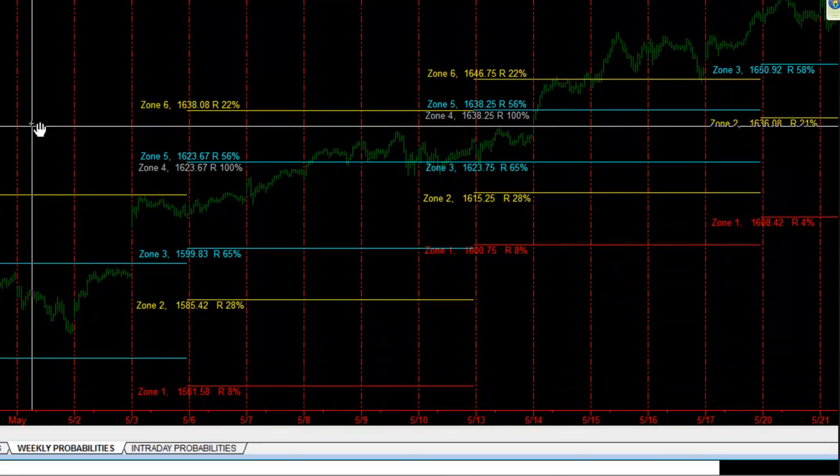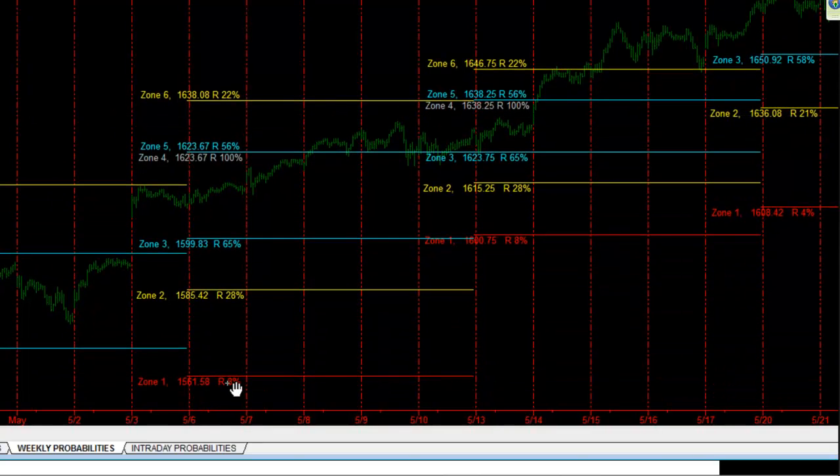And if we run it on up, only 5% that it would ever get to this zone. So you could do your weekly options strategy accordingly to trade it either to the bull side based on the percentages or to the bear side.